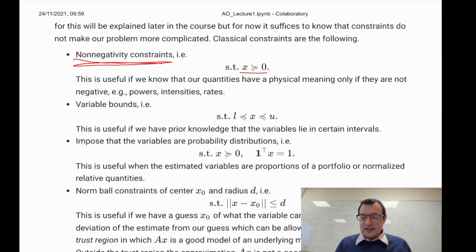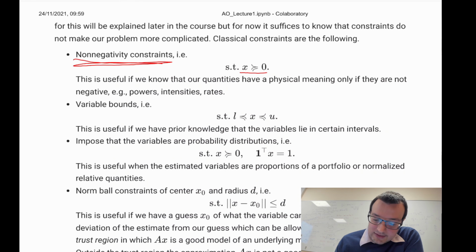This is the case, for instance, if our x has some physical meaning for which we know that they have to be positive values, otherwise they wouldn't make any sense. This could be, for instance, powers, intensities, rates. So everything that we know for sure has to be positive, we definitely want to add this constraint.